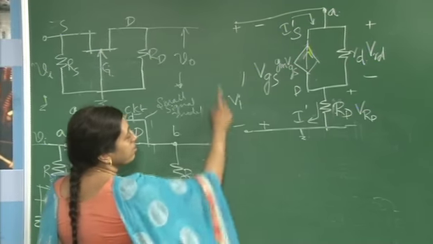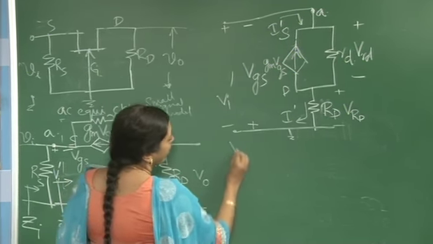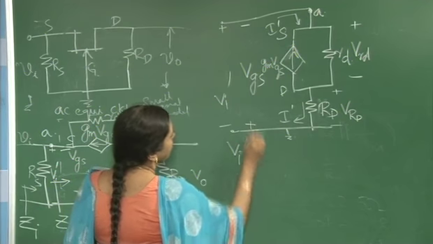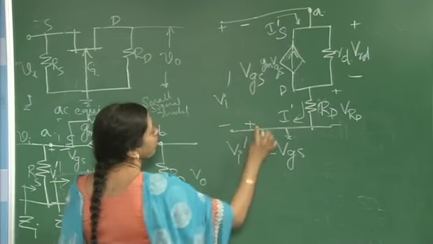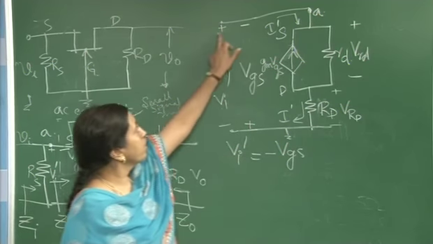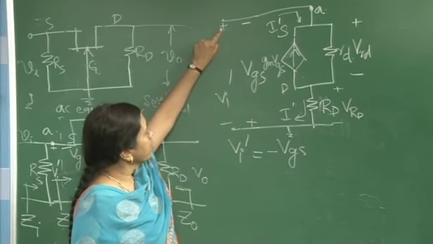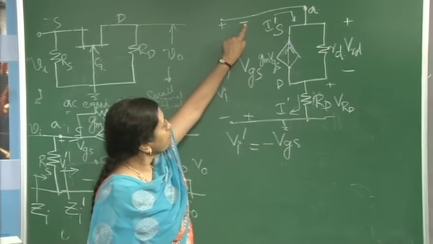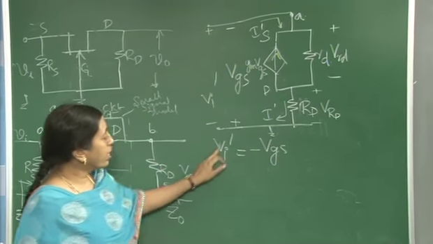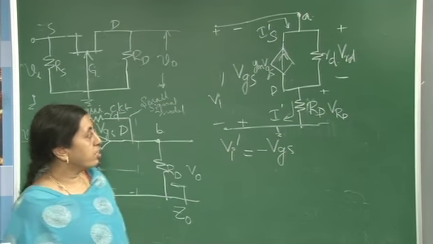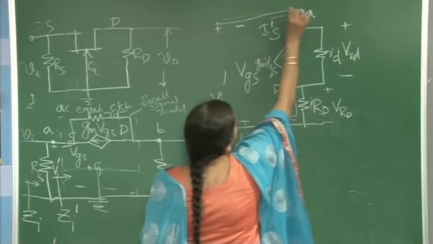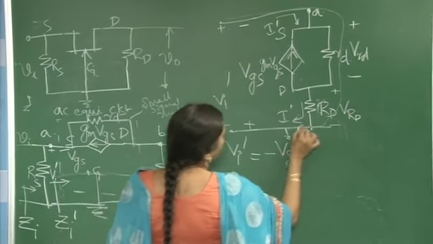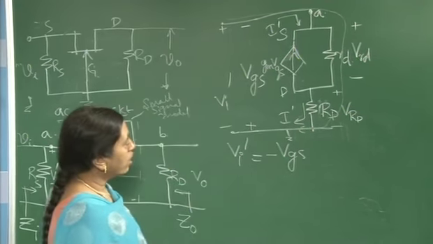Now, by looking at this circuit we can directly write Vi dash is nothing but minus VGS. Look at the polarity here, we are considering Vi dash to be positive here, but for VGS it is negative. So, Vi dash will be equal to minus VGS. Now, to find this we will apply KVL around the loop.